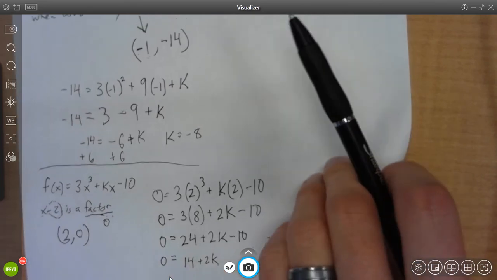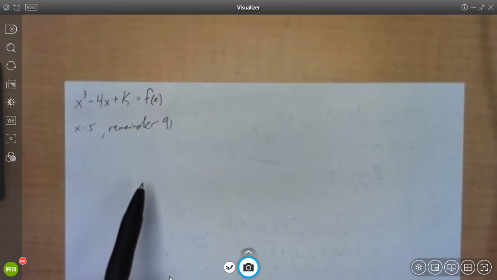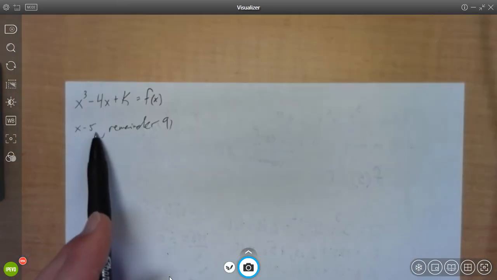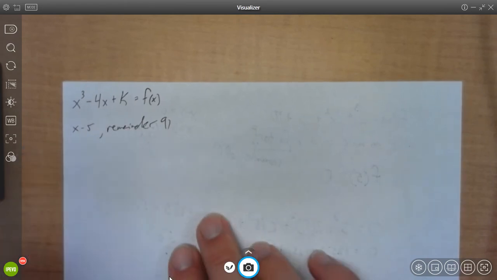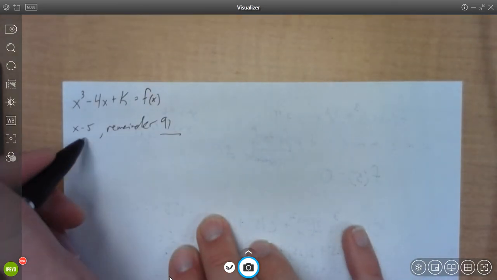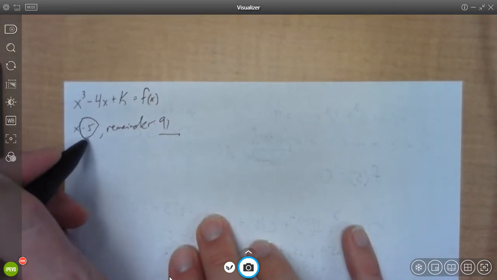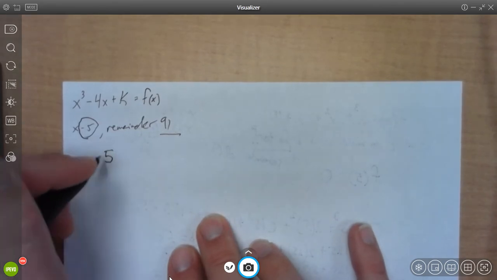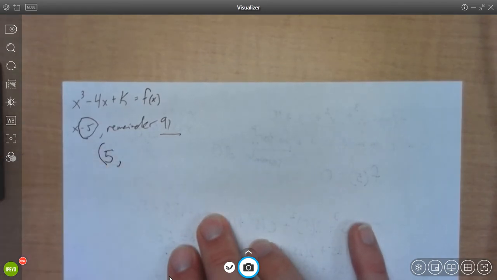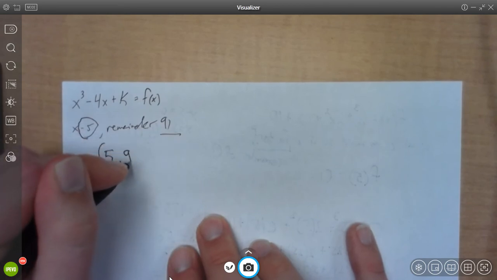And then the next one is going to use the remainder theorem. When divided by x minus 5, we found a remainder of 91. So remainder is important, and this part is important. So I'll take the opposite of negative 5, which is positive 5. And then 91 is my y value.